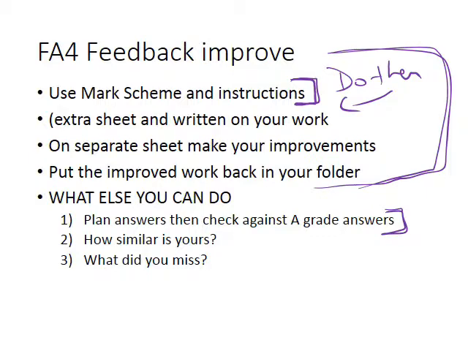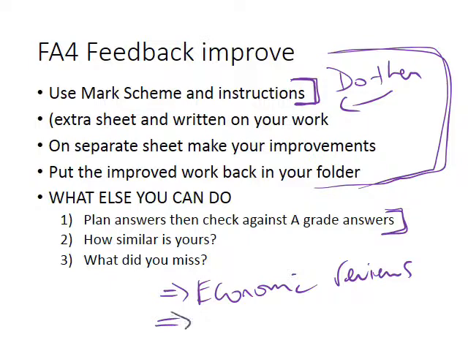If you've done all of that, then there's a stack of economic reviews at the front. Borrow one of those, have a little read of one of the articles. If you've done that, go back to your formal assessment book and look at formal assessment 1, 2 and 3. Review what you did well and what you improved on those.